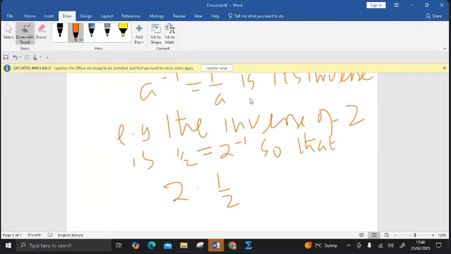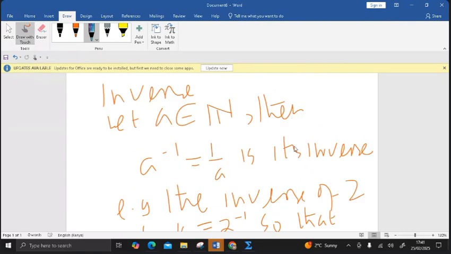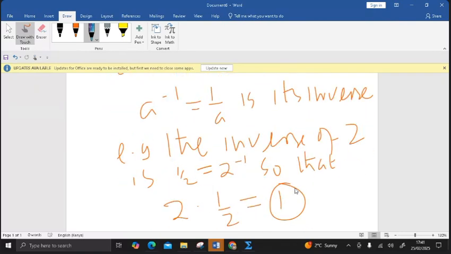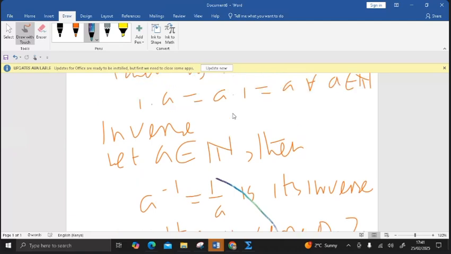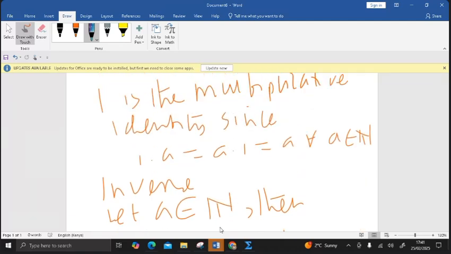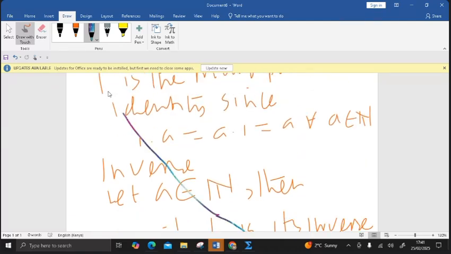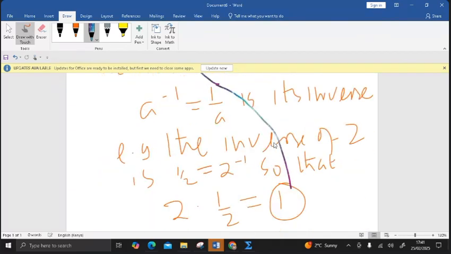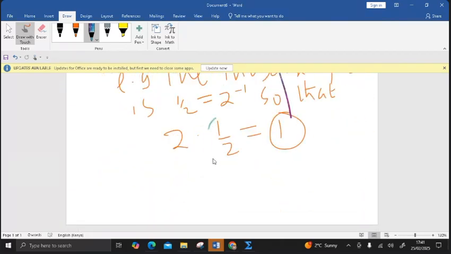It is the inverse because we need a number that, when you multiply by 2, let me use the symbol dot here, because that is exactly what we're using there. We have that dot.